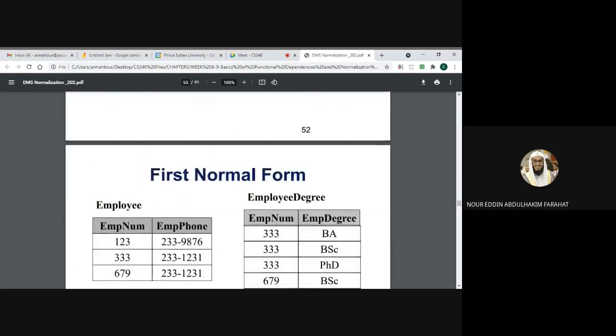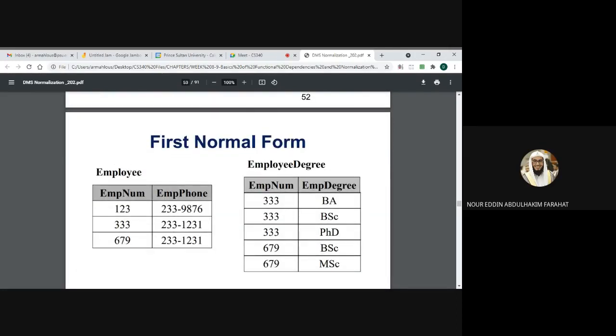Does an empty value affect 1NF? No. Only if you have multi-valued attributes. If you can see here, we have moved employee number and employee phone, and we divided employee degree and employee number. Now it is atomic. This column accepts only 1 value.